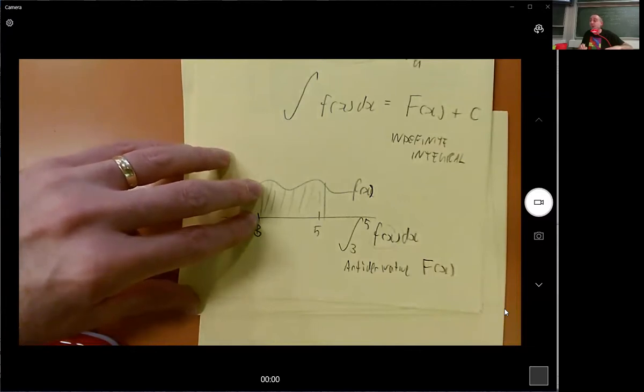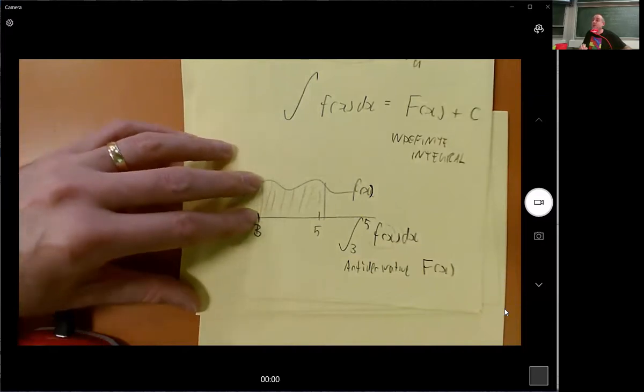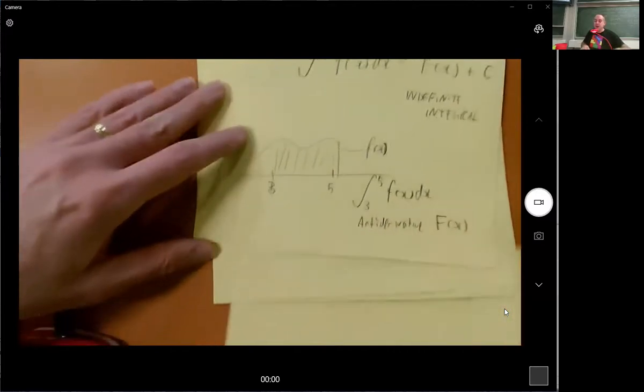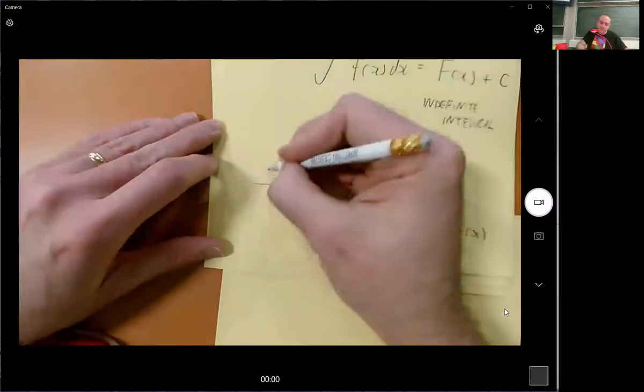It's probably not true that they all are, but close enough. It's just that I don't exactly know where the start of that running total is. So if I choose an antiderivative, I know that this is a running total area starting somewhere, but I don't know where, right?